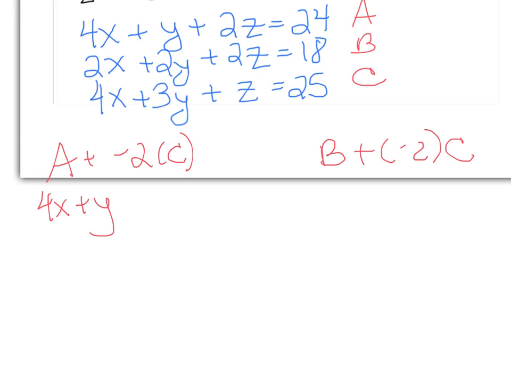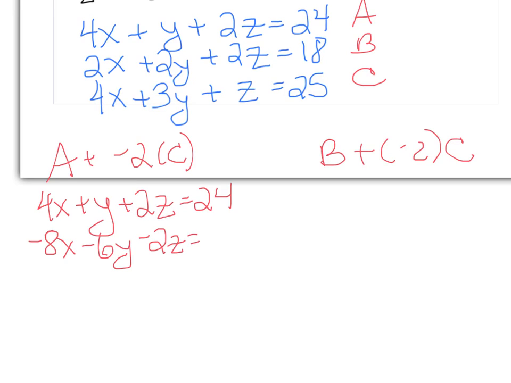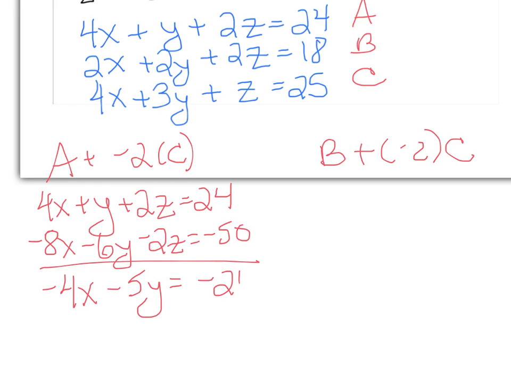So I'm going to rewrite my a equation, and then negative 2 times the c equation, and when we add those together, now the same thing for the b and the negative 2c. I'm going to rewrite my b equation.